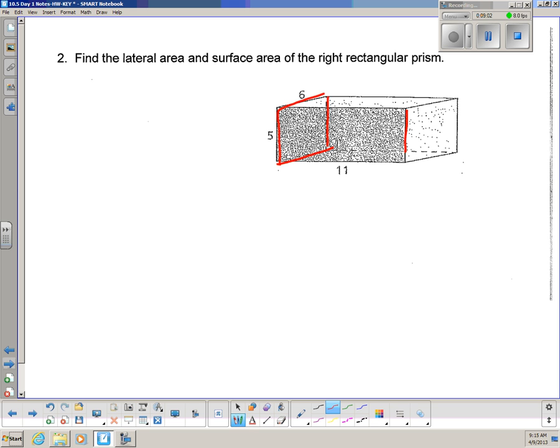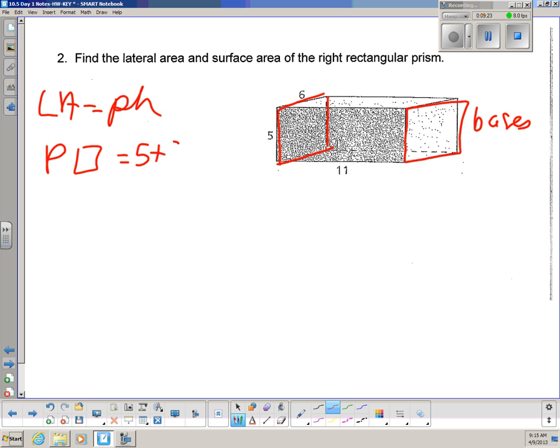These two particular sides, like I'd say left and right side, those are the ones that I'd consider to be your bases, especially if you're dealing with the lateral area equals perimeter times the height. So what you're going to do is say, okay, well, the perimeter of one of those bases happens to be 5 plus 5 plus 6 plus 6, and that in fact gives you 22.